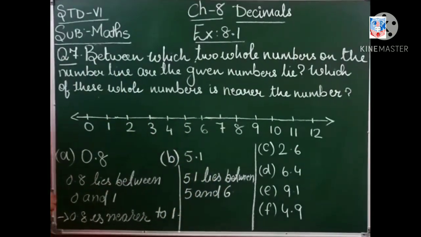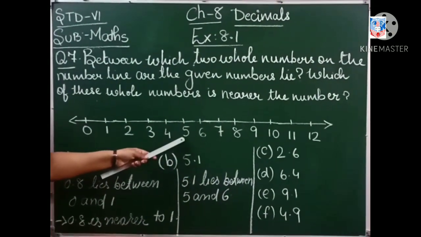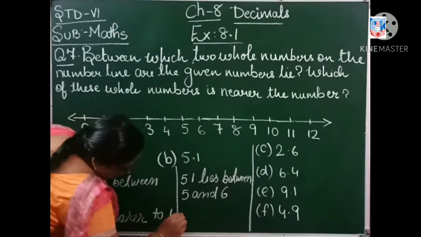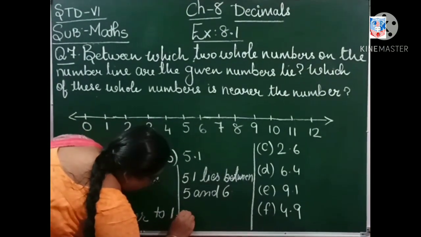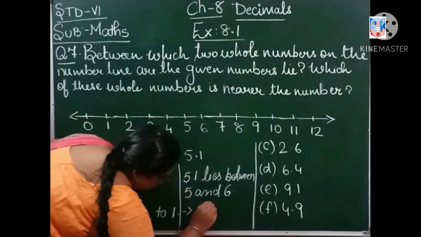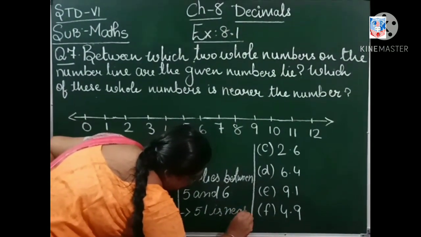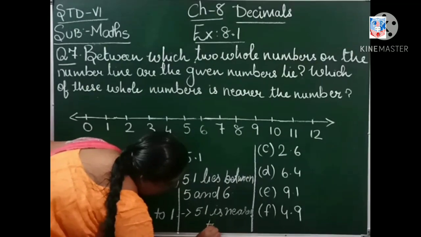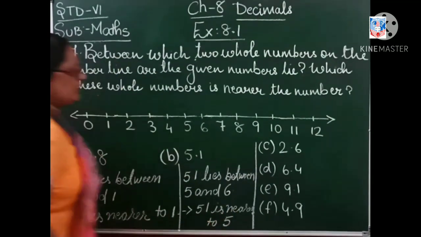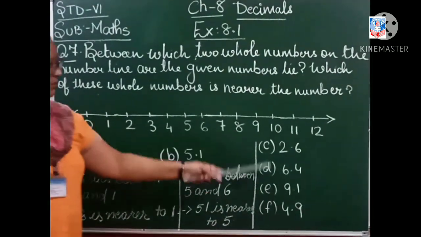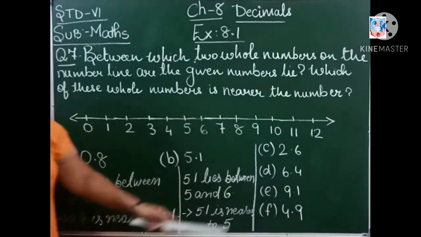And it is nearer to 5. 5.1 is nearer to 5. This way you will do this also. This is your homework.